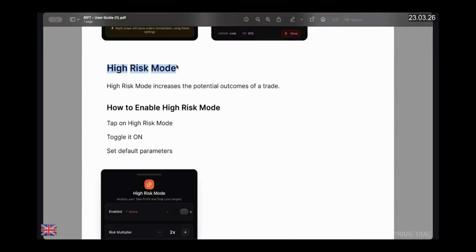So if you multiply the risk by 2 times, that means the take profit point and stop loss point increase by twice for the same trade. And if you go with 3 times, then the take profit point and stop loss point from entry increase by three times, 3x. That makes it much easier to understand the high risk mode, how influential it is in terms of taking a profit, sniping a profit.